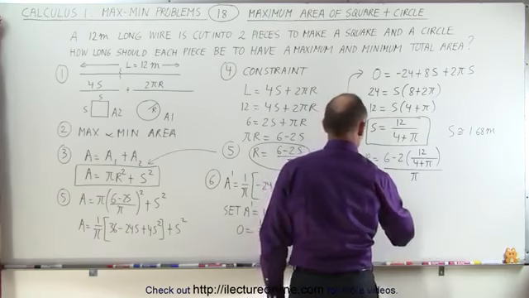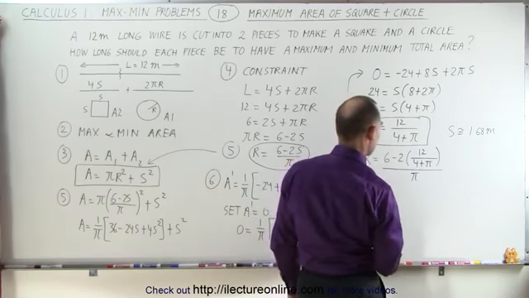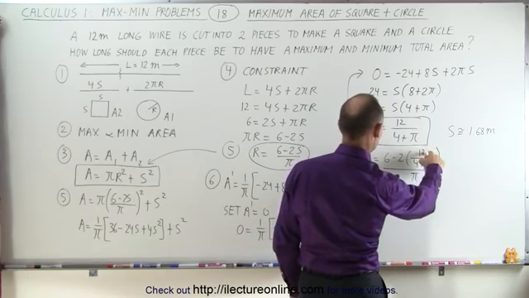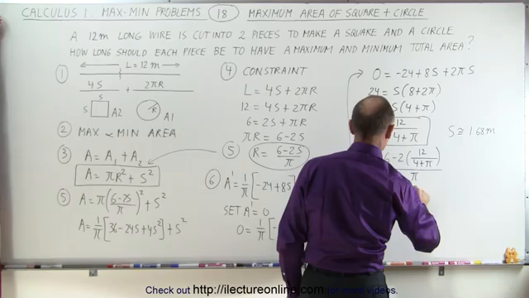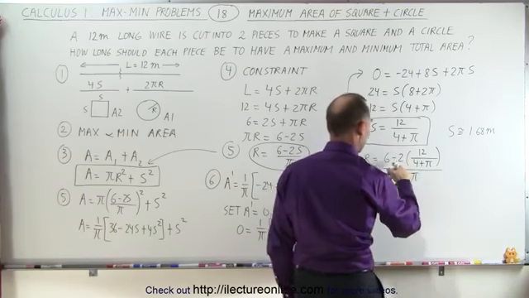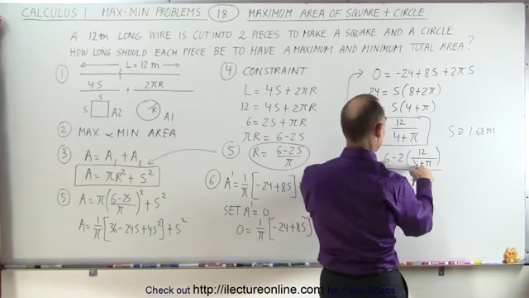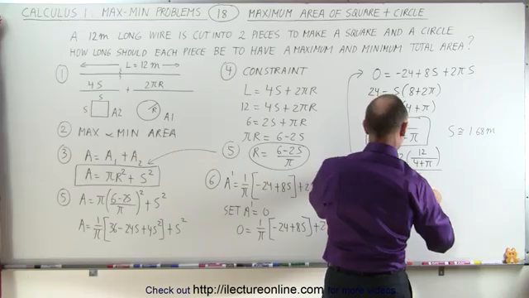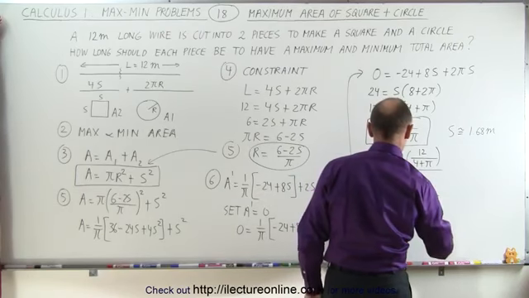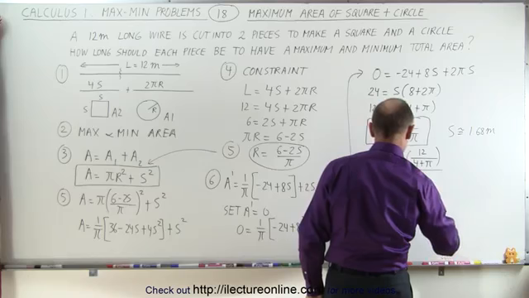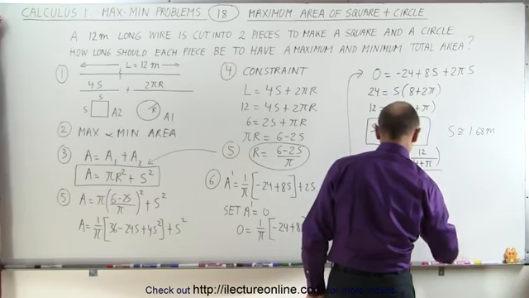So what we can do here is say r is equal to 6 times (4 plus pi), because we want to put it over a common denominator, minus 24 divided by 4 plus pi, and the whole thing divided by pi.